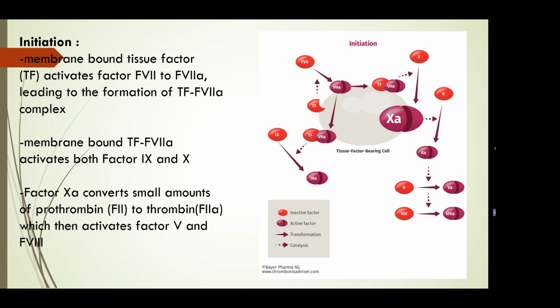So the initiation occurs on tissue factor expressing cells, and it produces 3 to 5% of the total thrombin generated. You can see the membrane-bound tissue factor activates factor 7 to activated factor 7, because these tissue factors are bound on the membrane of tissue factor bearing cells.